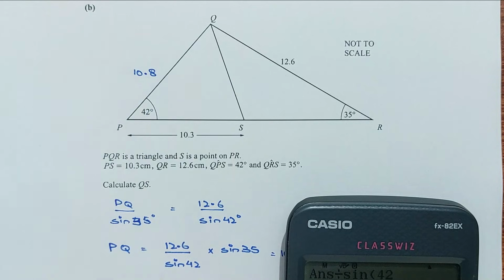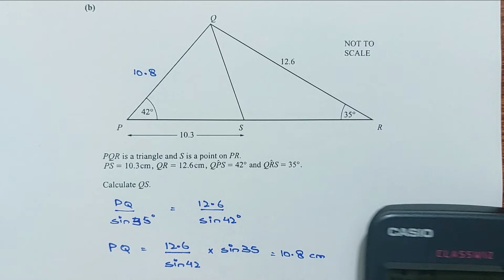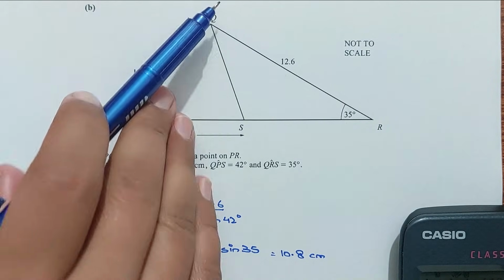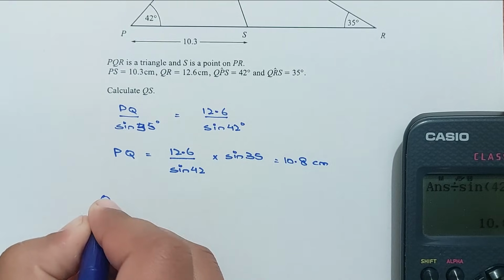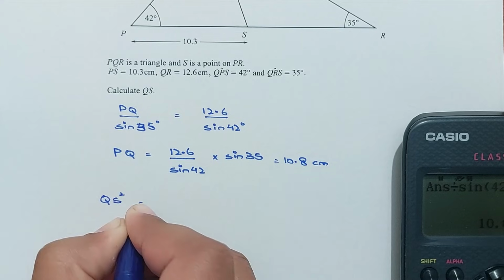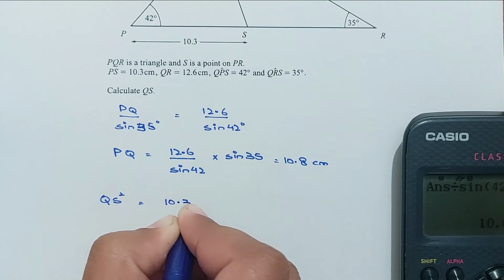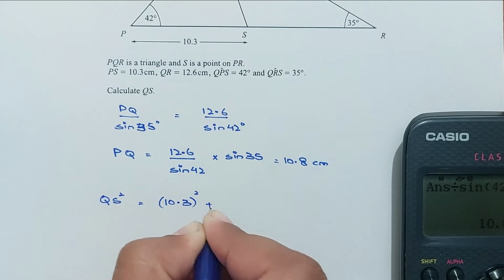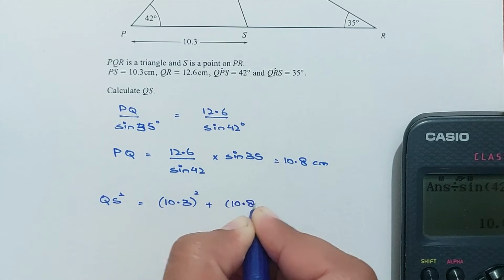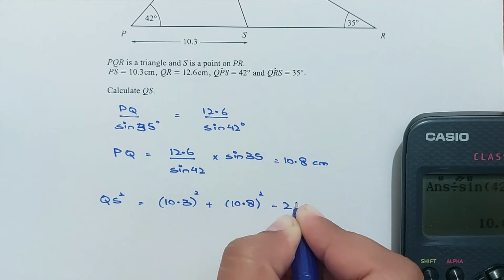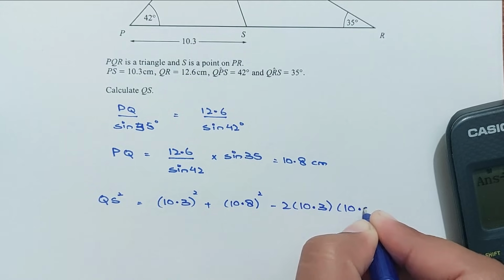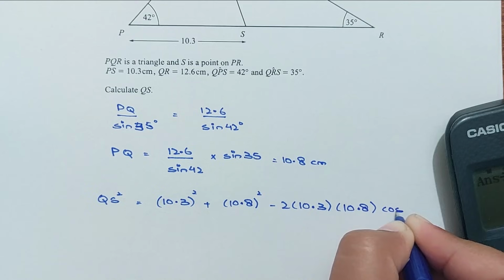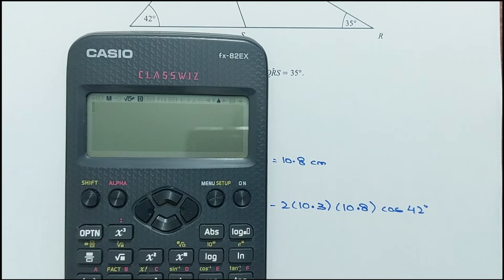We can solve the third side by applying the law of cosine on P, Q and S, right? So we can say the side QS squared equals 10.3 squared plus 10.8 squared minus 2 times 10.3 times 10.8, and cos of the angle between the two sides, which is 42.